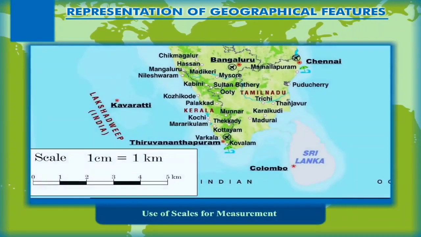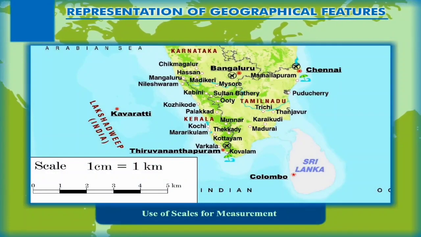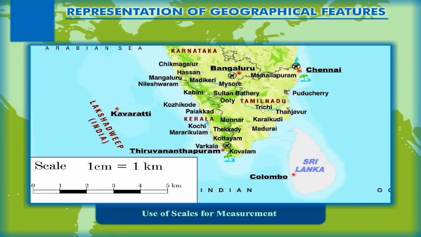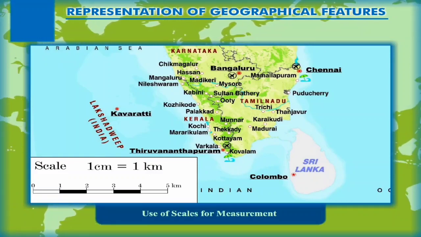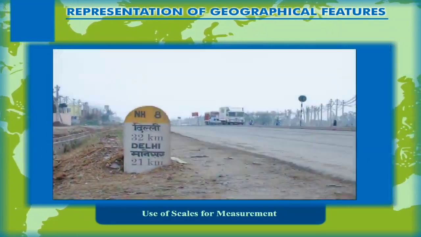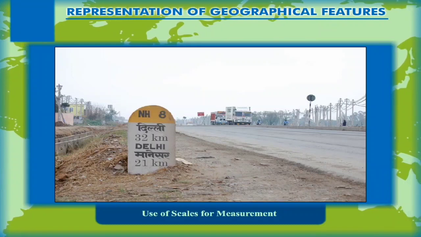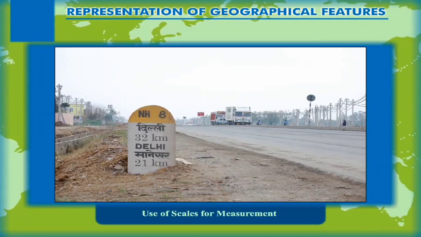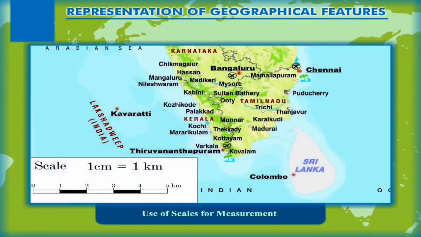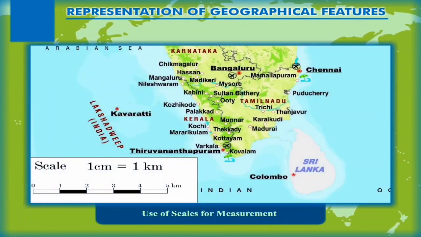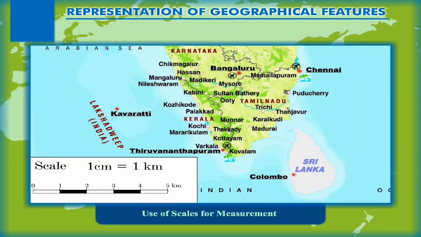Use of scale for measurement. Scale is defined as the ratio of distance on the map to the corresponding distance on the ground. The distance on the ground is usually measured in large units such as kilometers or miles, while the units of measuring distance on the map are centimeters and inches.